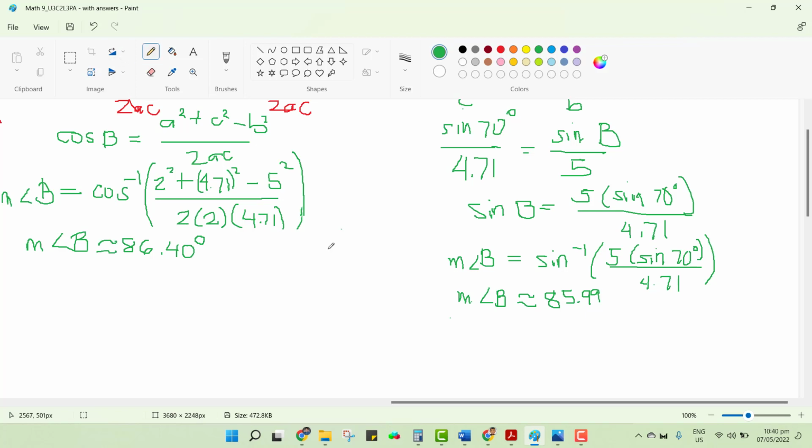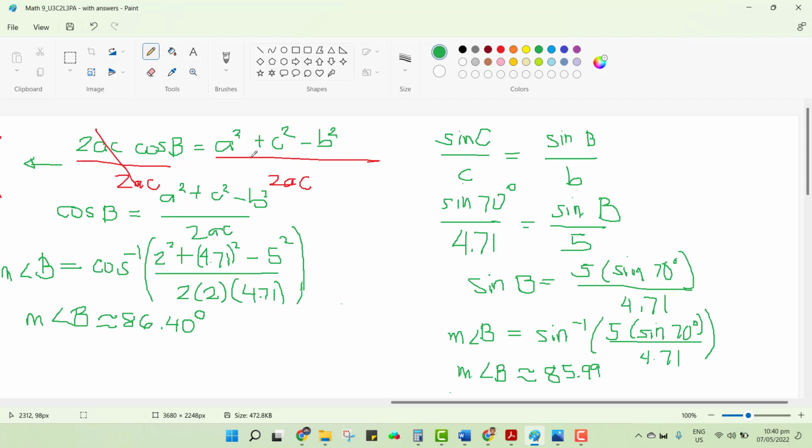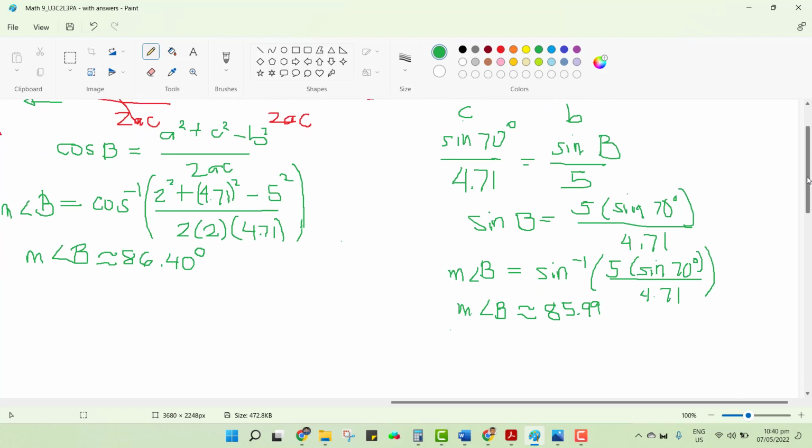Notice the two answers of the different methods. Earlier, we used the law of cosines to compute the measurement of angle B, and we had 86.40. The other is when we use the law of sine, you will get 85.99. Observably, they are not the same. Even if they are both approximations, they are necessarily not the same.